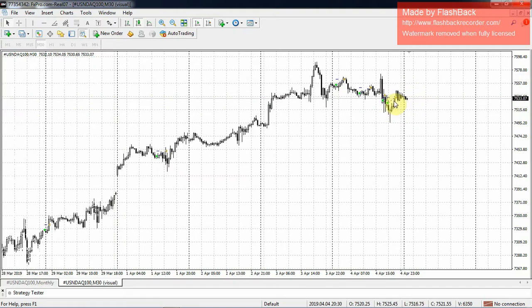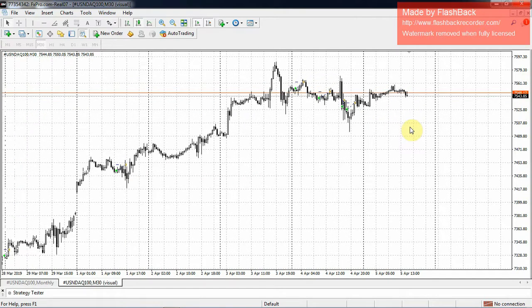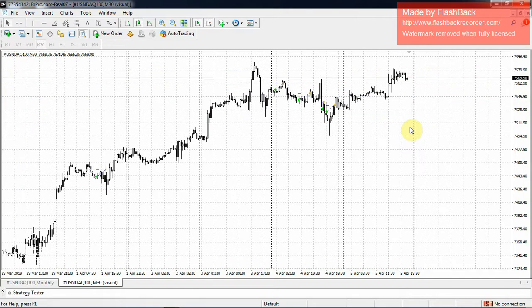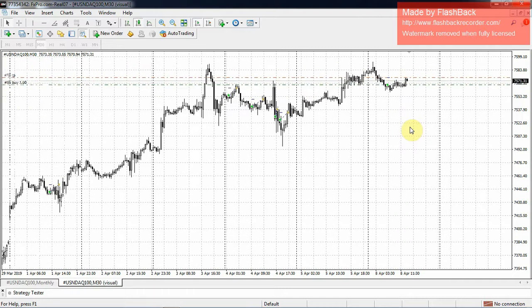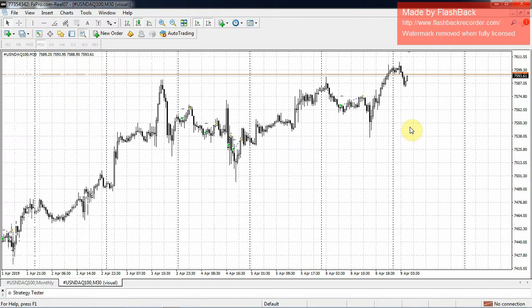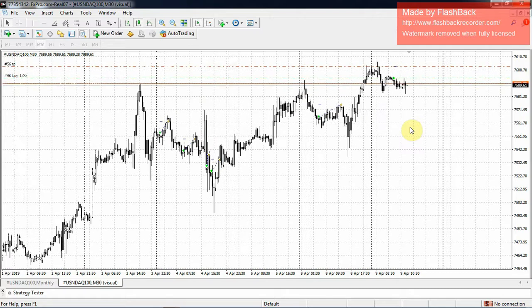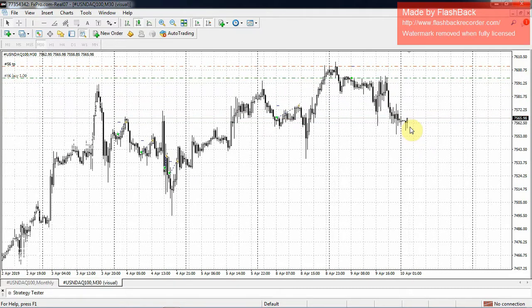Four trades in one day. So on some days we'll have many trades to make up for the days we had no trades. That's another buy order there.